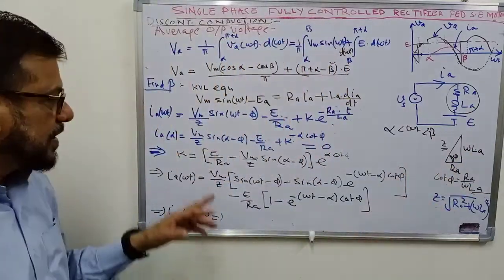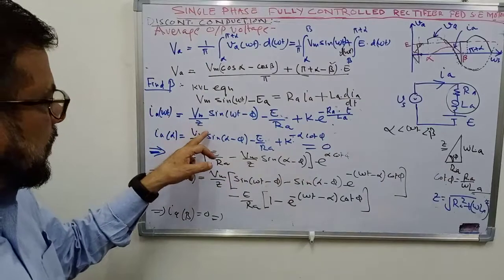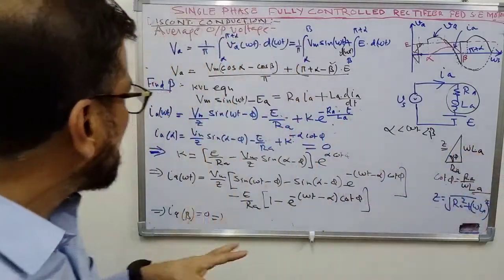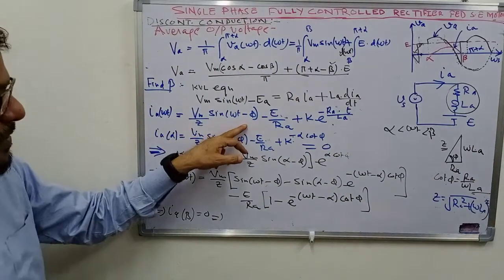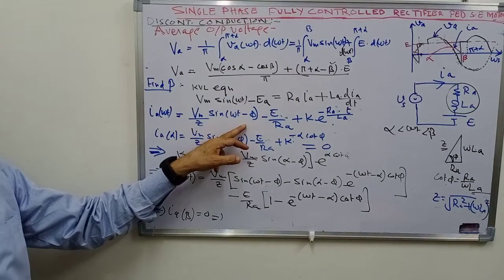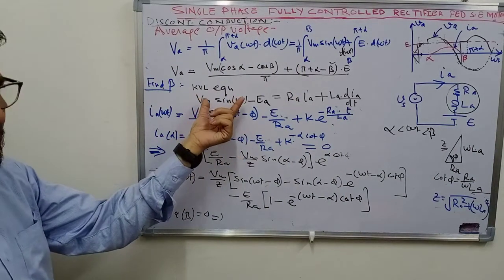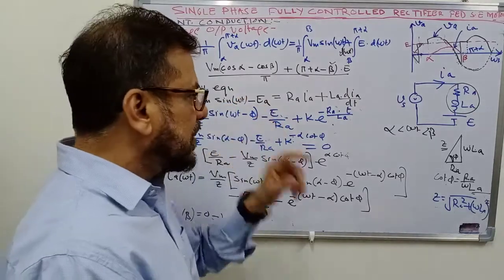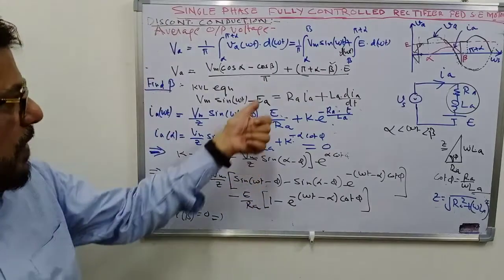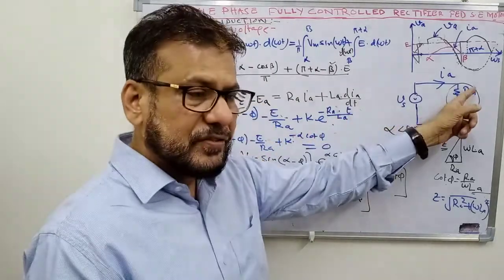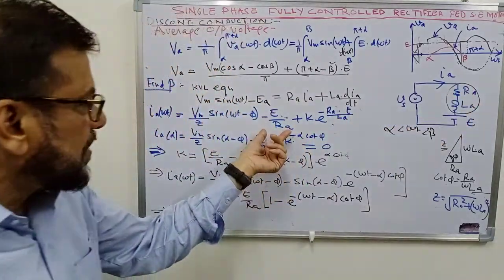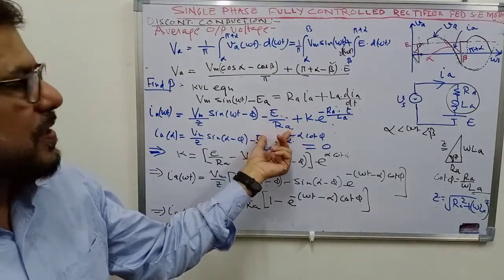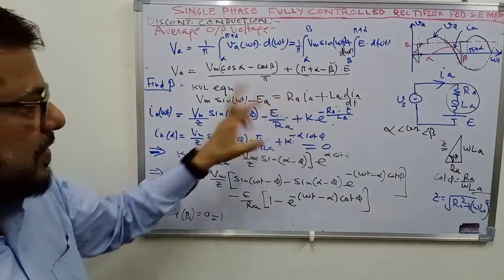So this is known to you, since the inductance and resistance are known. This is the first term, the steady state solution corresponding to the AC source. Then corresponding to the DC source, the steady state current will be equal to minus E upon the resistance. So this is the second term, the steady state solution corresponding to the DC source minus E.